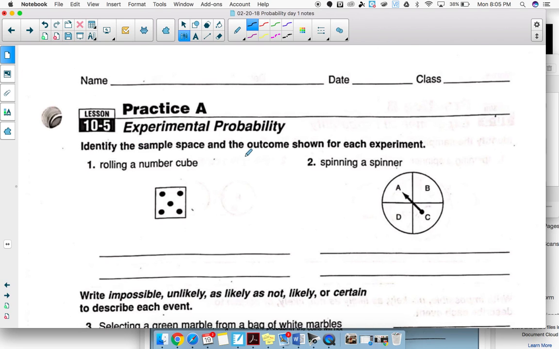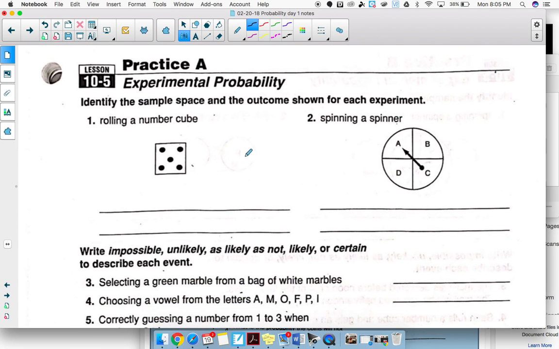Okay, so I'm going to do a couple examples with you. We're going to jump around in your packet a little bit. It says identify the sample space. So I'm going to abbreviate. Sample space is just going to be a list of all the possible outcomes. So in this case, I'm just going to list everything you could roll. You could roll a 1, a 2, a 3, a 4, a 5, or a 6.